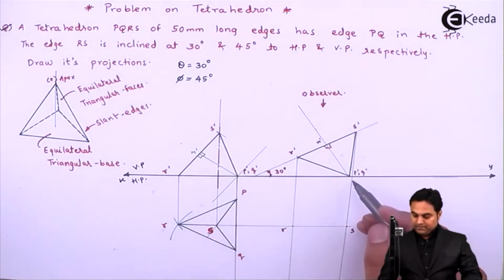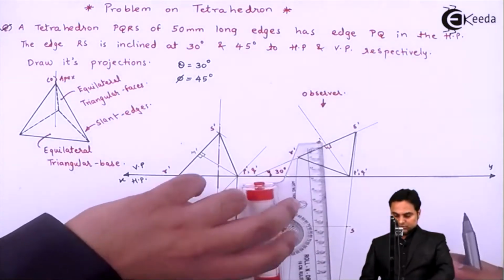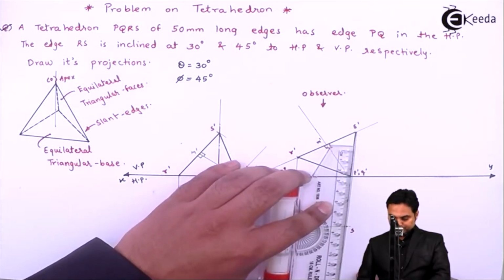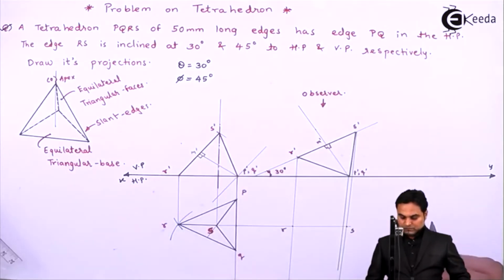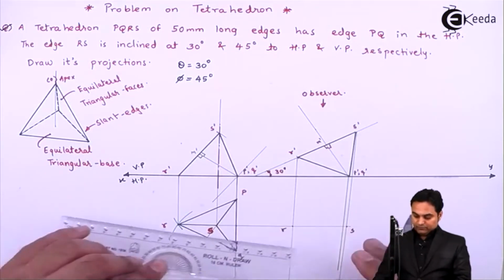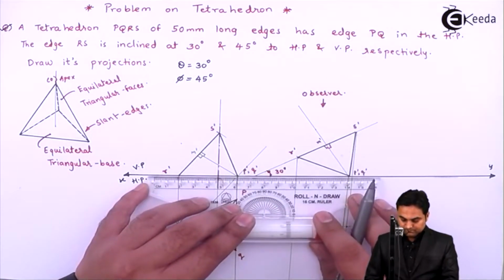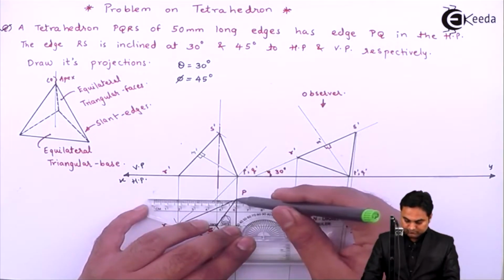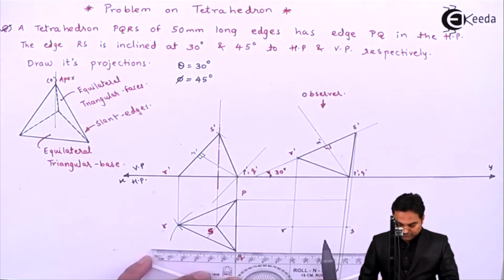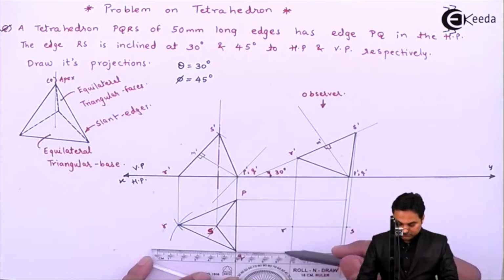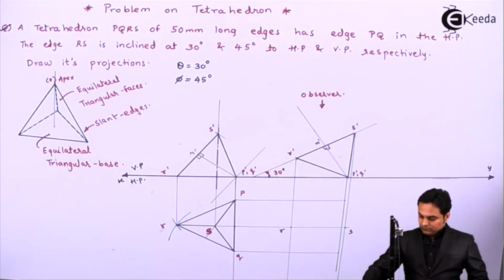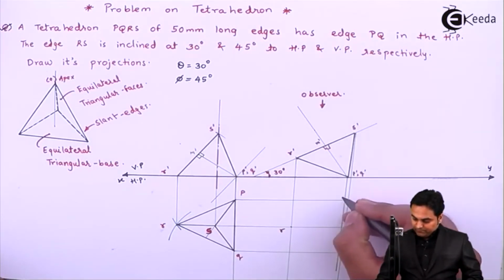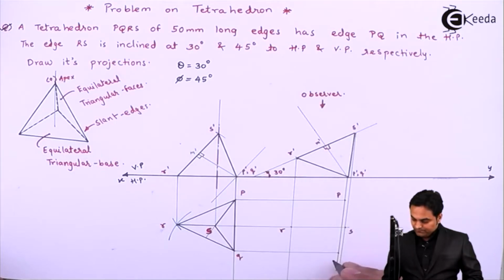Next, P and Q, P dash Q dash from the front view. Then point P from the top view. And point Q. So here we have point P and Q.